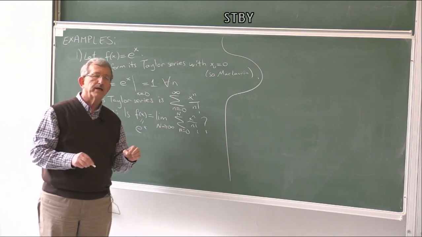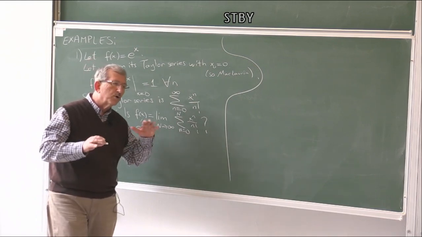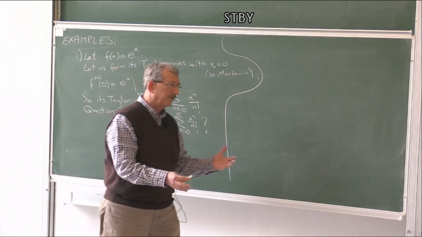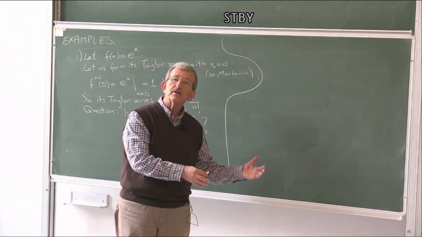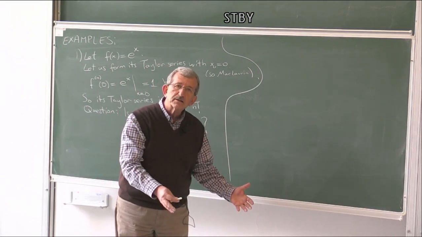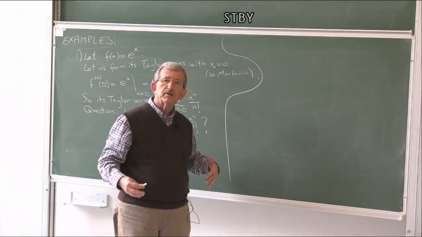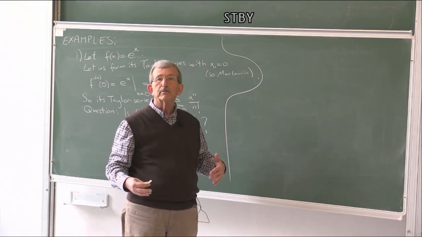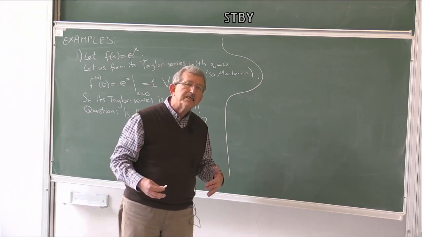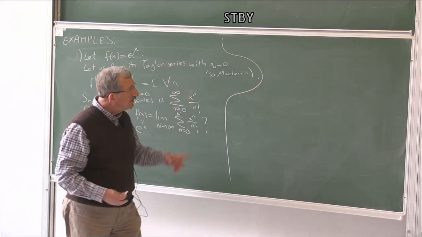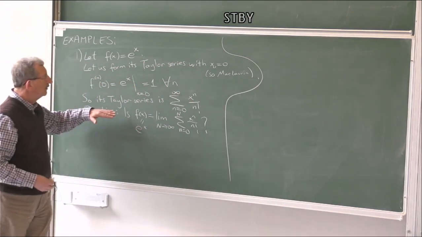In all those cases, we had an equality, the geometric series. We know what it is, it's 1 over 1 minus x. And then we played with both sides. But equality was always correct, so we did not need to show it. But here, we don't know that.